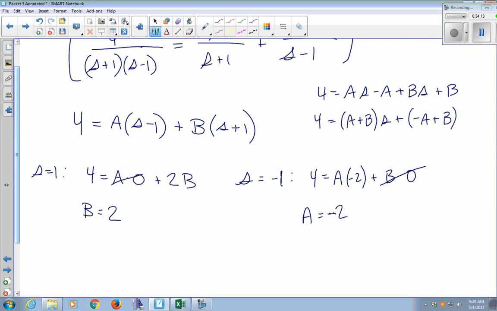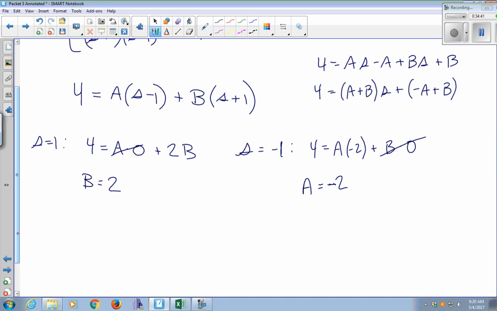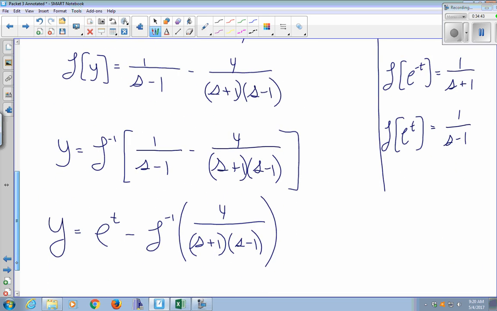And you say, okay, there's no s term on the left, so a plus b equals 0, and the constant term on the right equals the constant term on the left, and you have two equations with two unknowns. All right, so a was over s plus 1, b over s minus 1. All right, going back to where we left off.